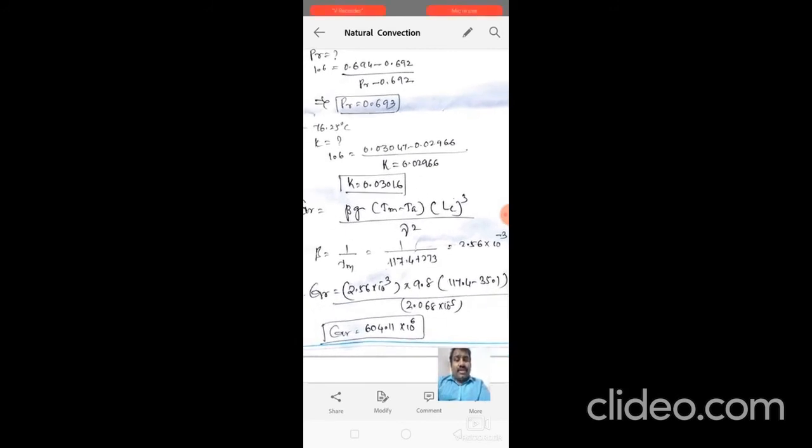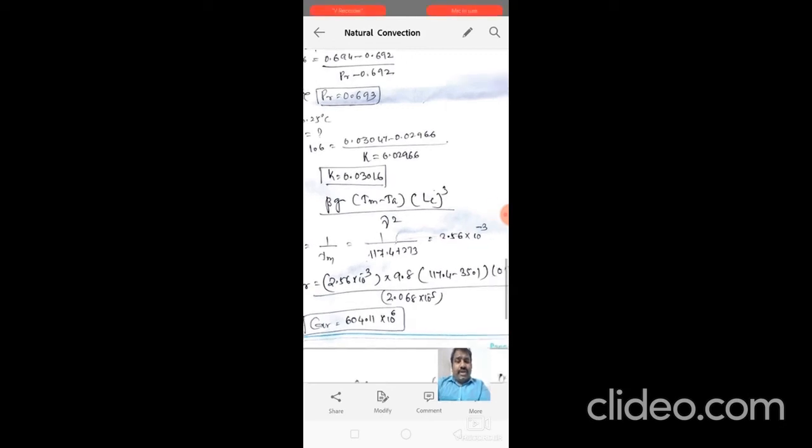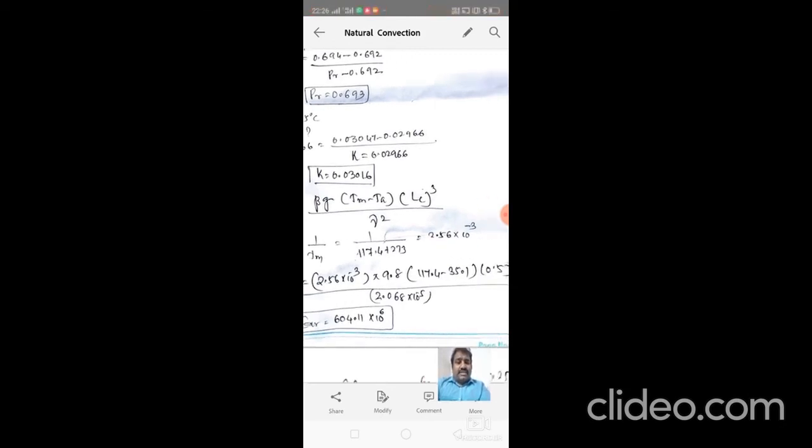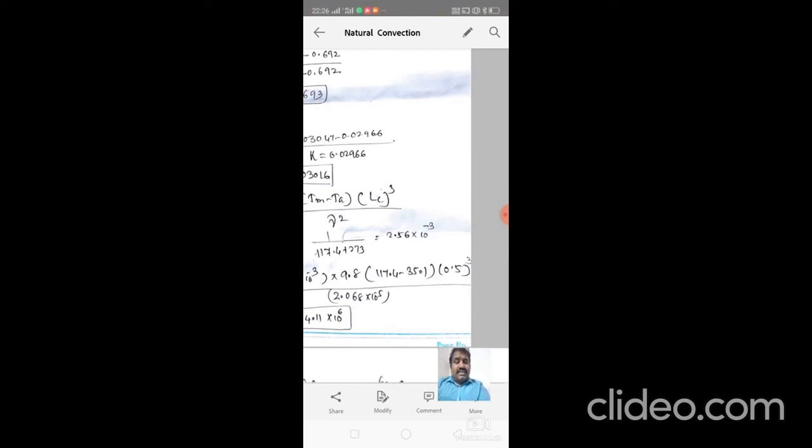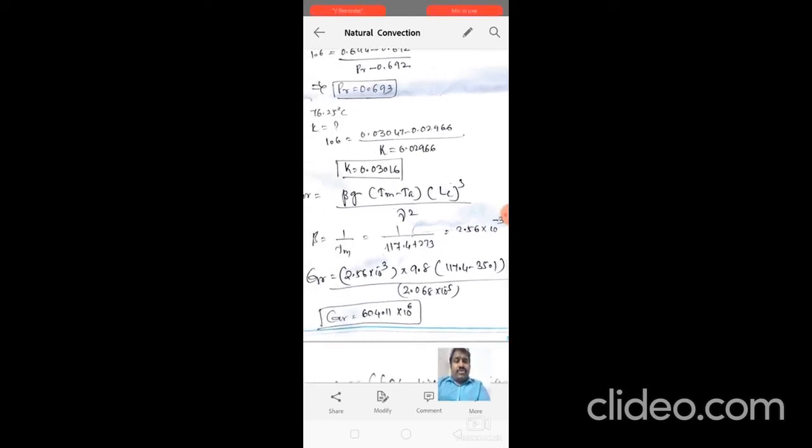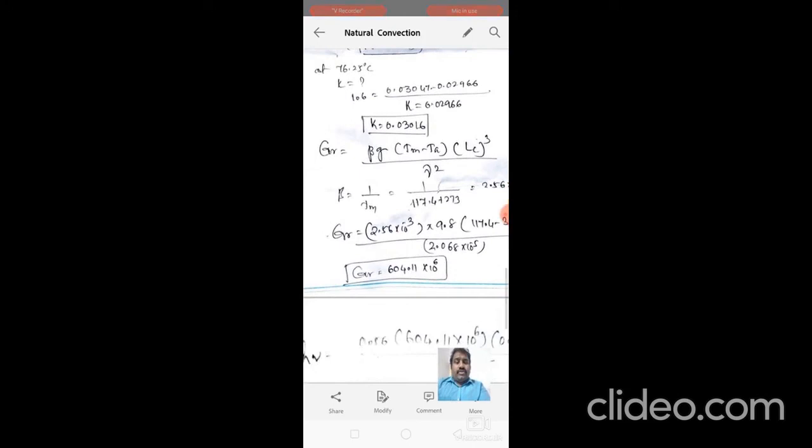The Grashof number is equal to 2.56 into 10 to the power of minus 3 into g, the gravitational acceleration, that is 9.8, and Tm minus Ta, that is 117.4 minus 35.1, and the characteristic length 0.5 meter cubed, divided by mu square. We already calculated that, 2.068 into 10 to the power of minus 5. So finally the Grashof number becomes 604.11 into 10 to the power of 6.